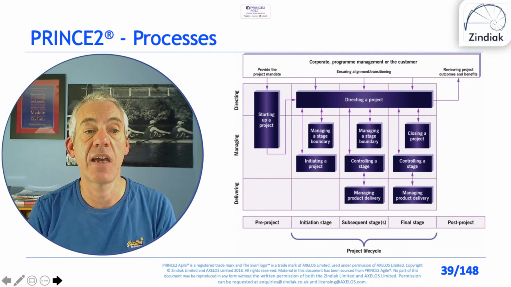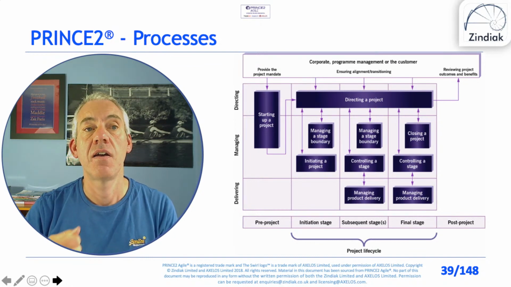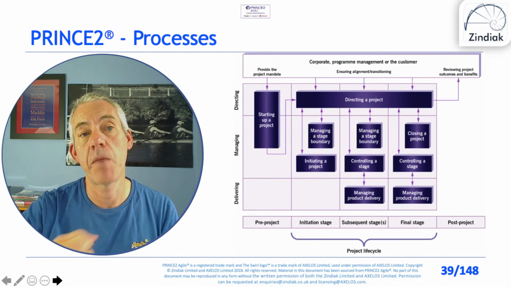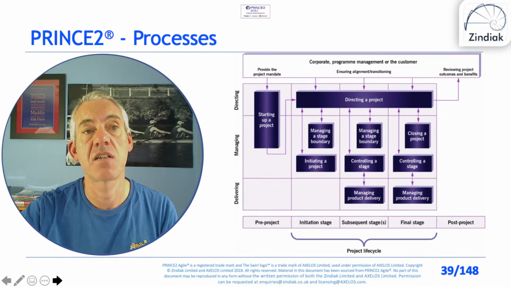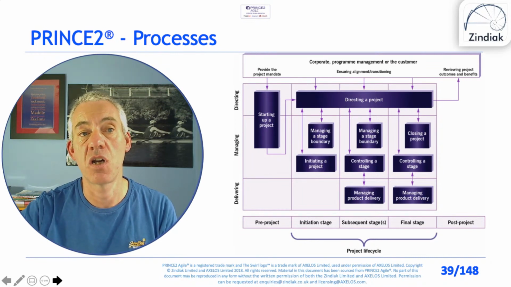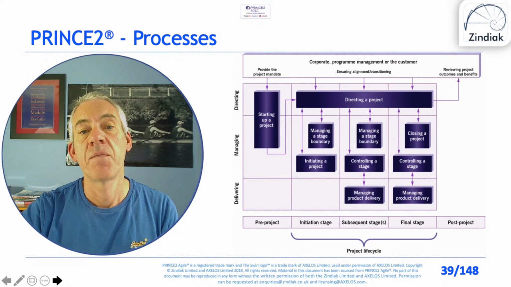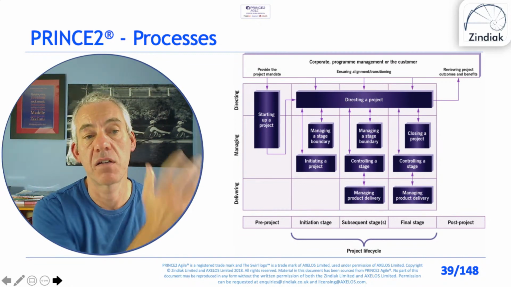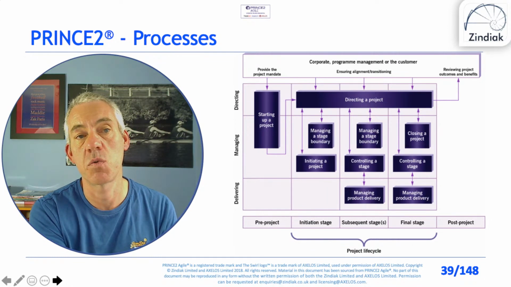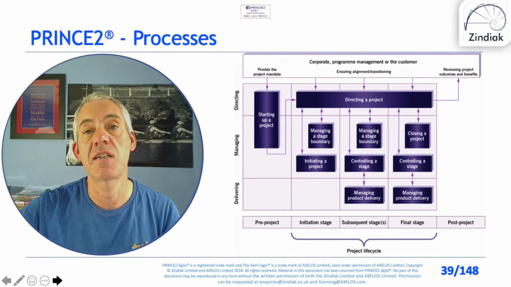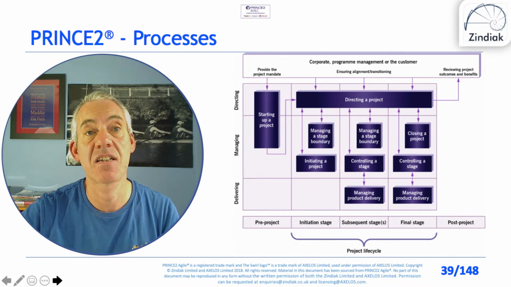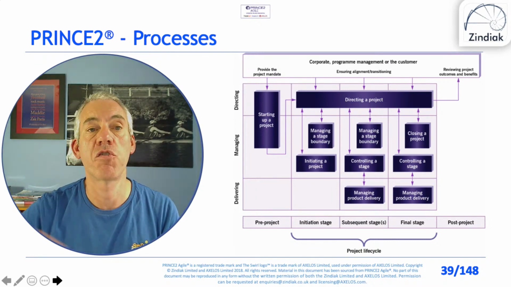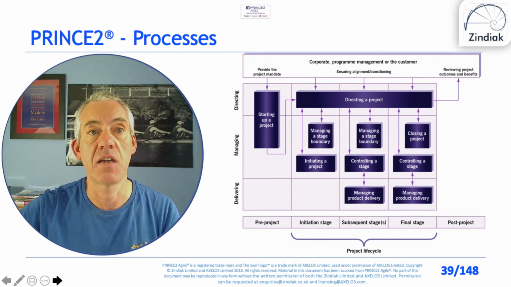Towards the end of the initiation stage, we move into the managing a stage boundary process, where the project manager presents a review of the previous stage. So we look back at how the stage we're currently in has gone, but presents the plan for the next stage and asks the project board for authorization to deliver the next stage.